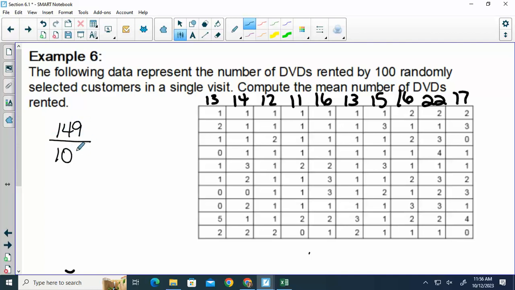And when you divide over 100 points, we get a mean of 1.49.